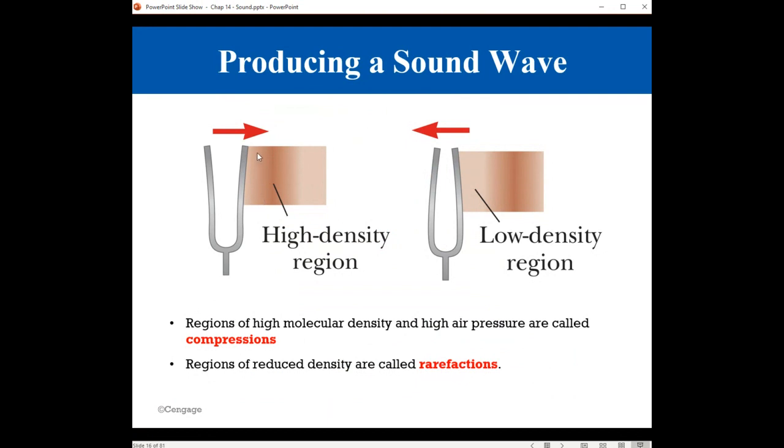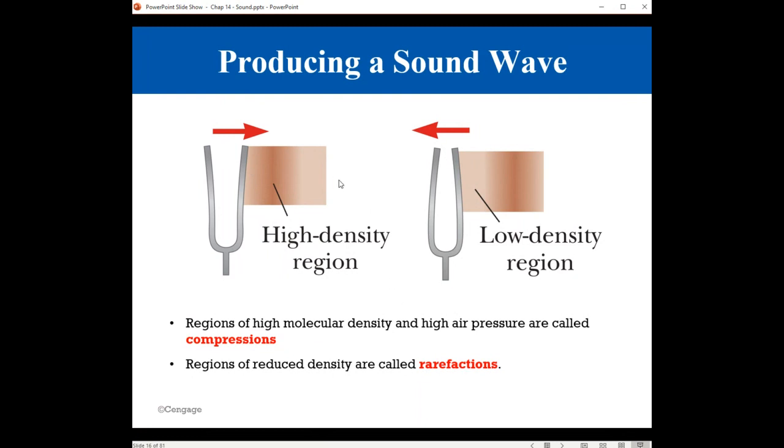It applies higher pressure on the air molecules. This generates a compression. As it tries to return back, this generates a low density region. The air molecules now will have less pressure on them. We call this rarefaction. So as the tuning fork vibrates back and forth, it vibrates between compressions and rarefactions.